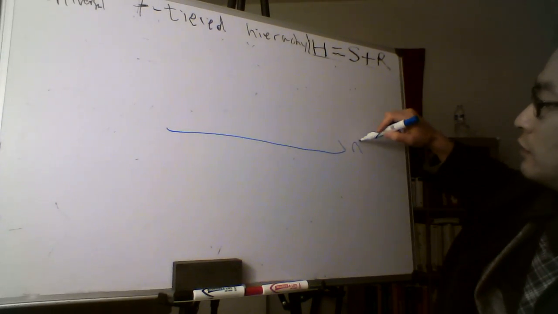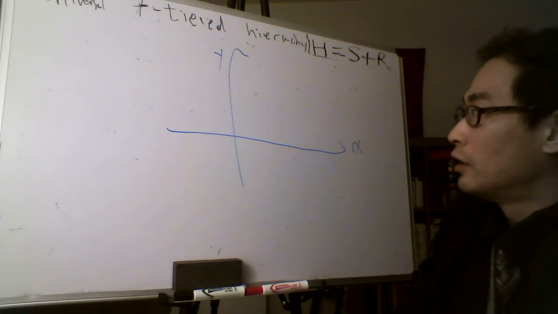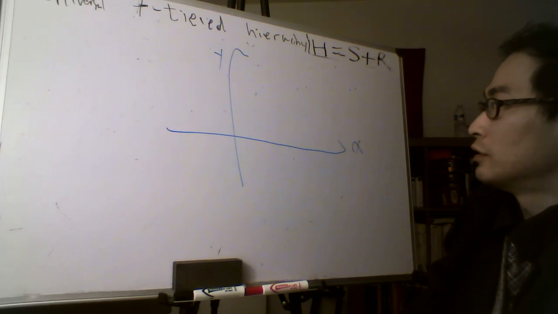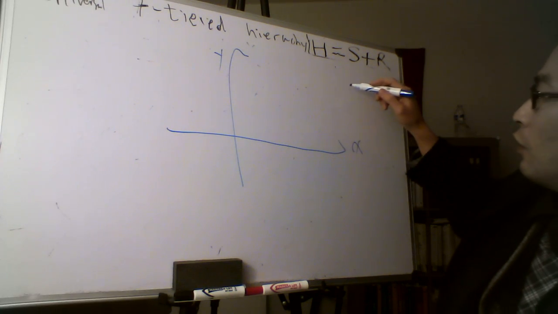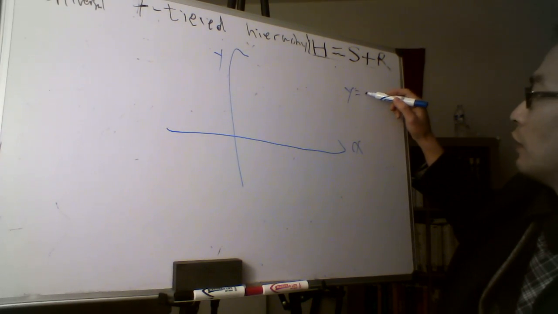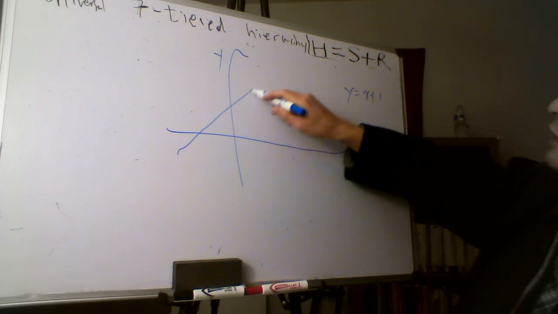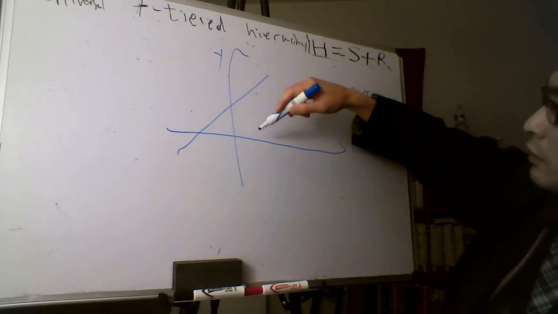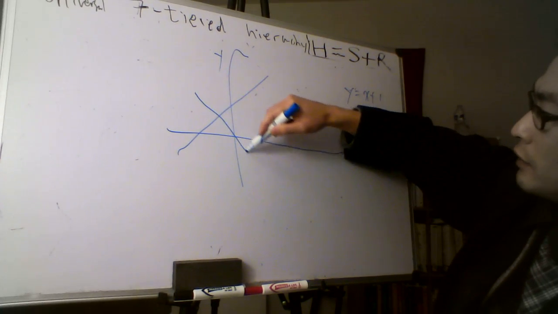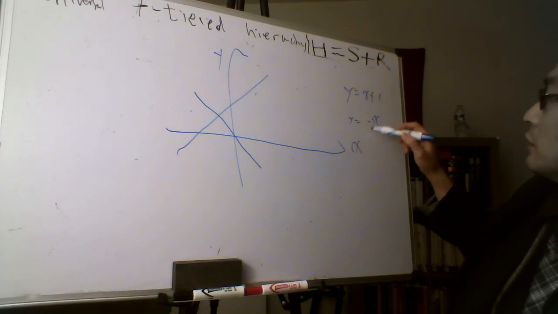Again, we have the x-axis and y-axis, and then we have some equation like some line. So let's say y is equal to x plus 1. It goes like this, and then you have y is equal to minus x.